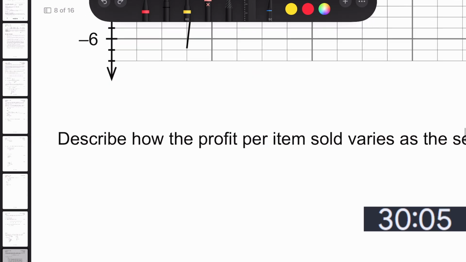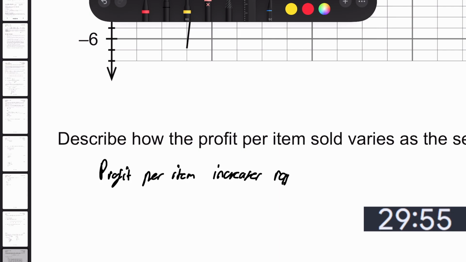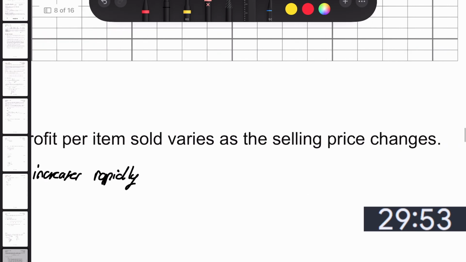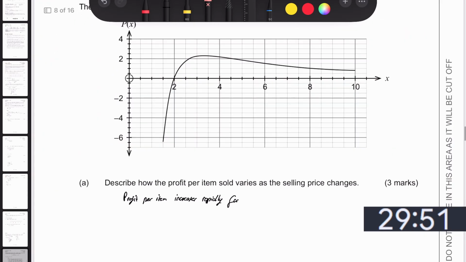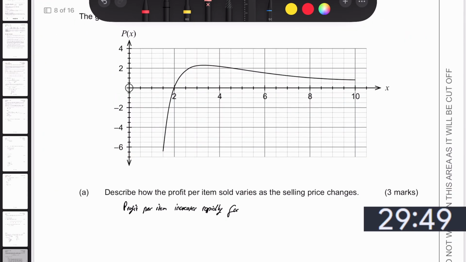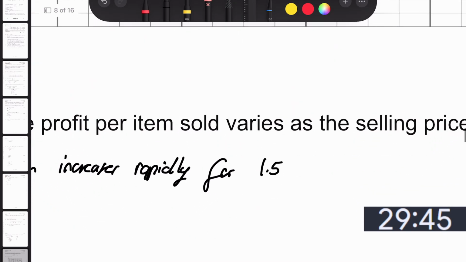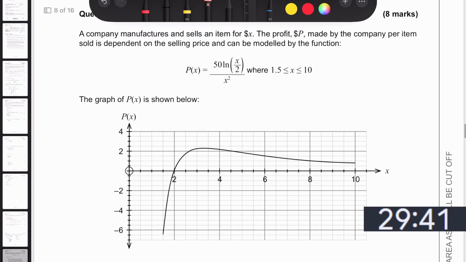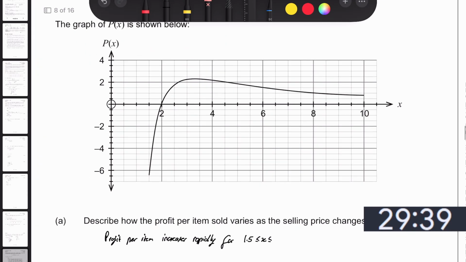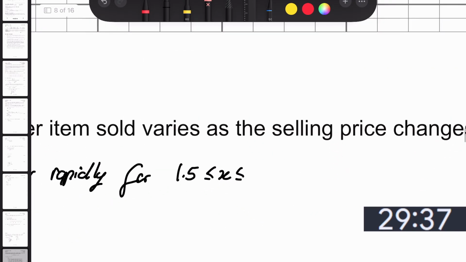So profit per item increases rapidly for, let's say, 1.5 x to about 3.5.